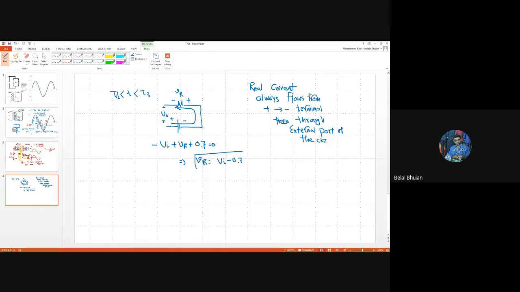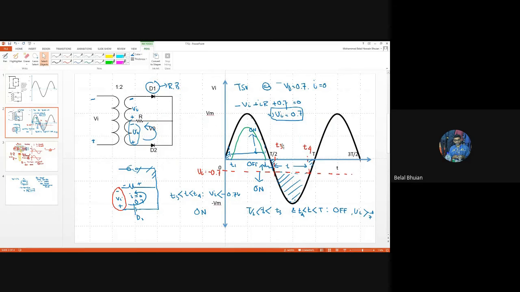This is the same expression that we obtained for the positive half cycle: V naught is equal to Vi minus 0.7. For the negative half cycle we got the same expression: V naught is equal to Vi minus 0.7.